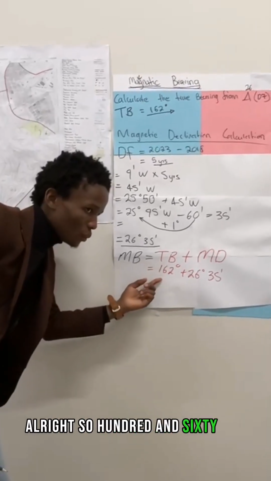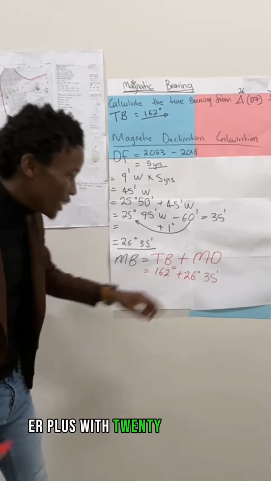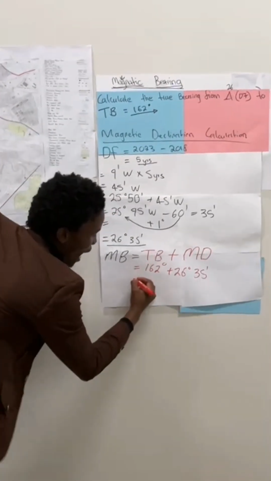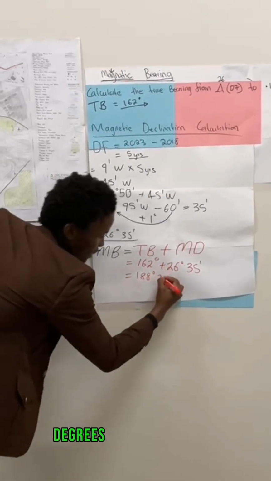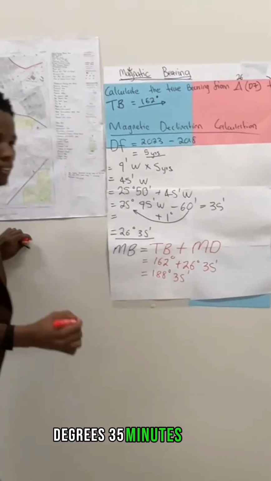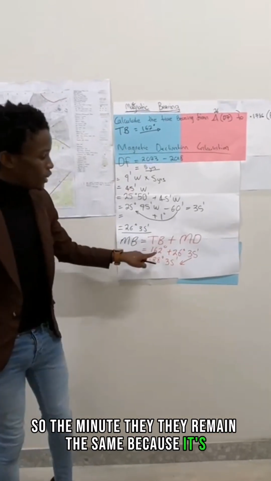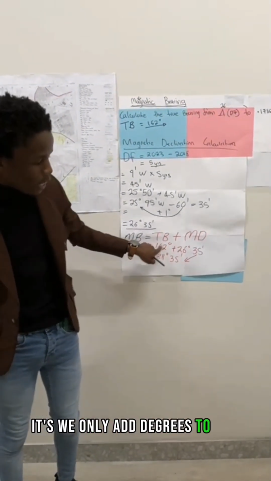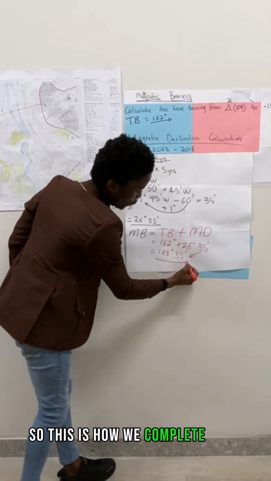So 162 degrees plus 26 degrees equals 188 degrees, 35 minutes. The minutes remain the same because we only add degrees to other degrees.